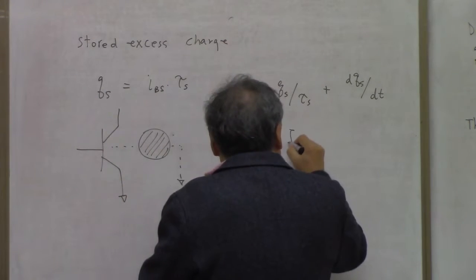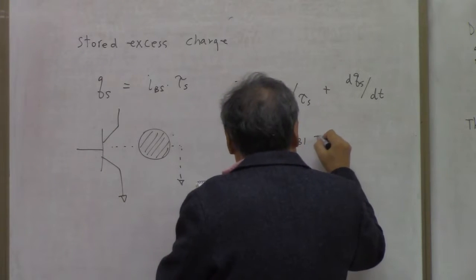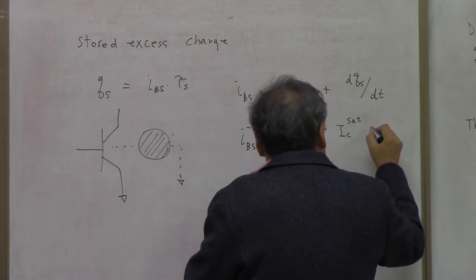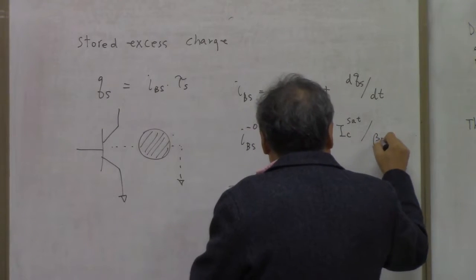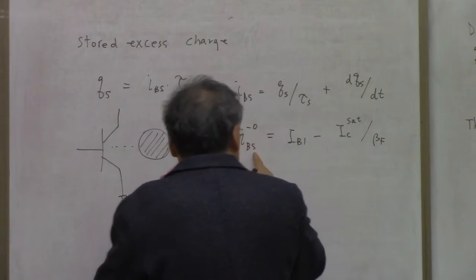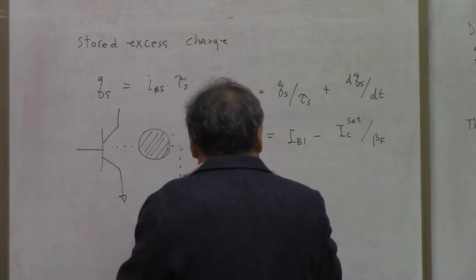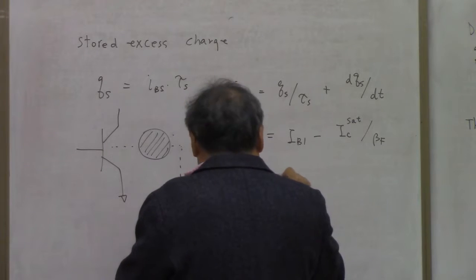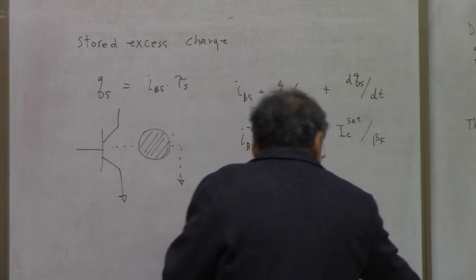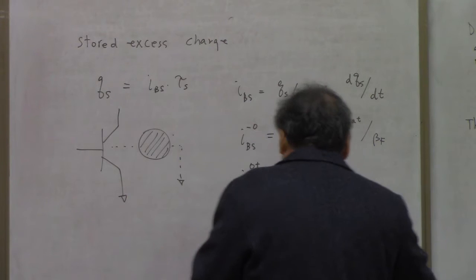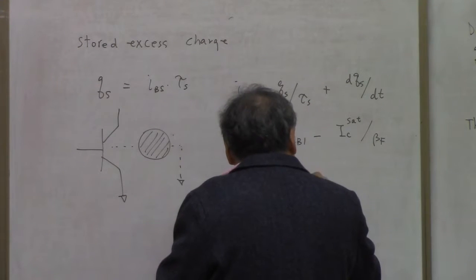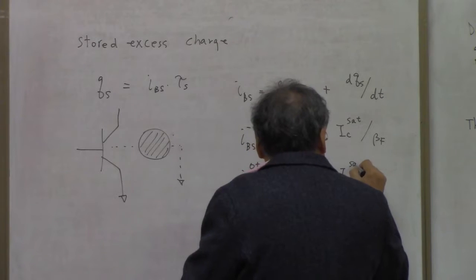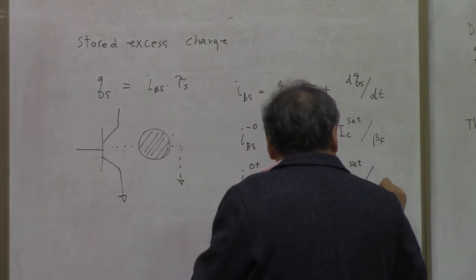Before the signal, then IB1 minus IC saturation over beta F. Okay, this is an extra current from the edge of saturation, and then IB2 minus IC saturation over beta F.